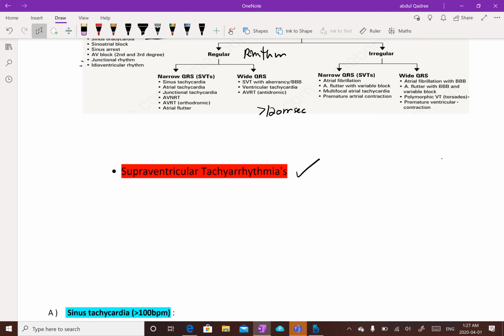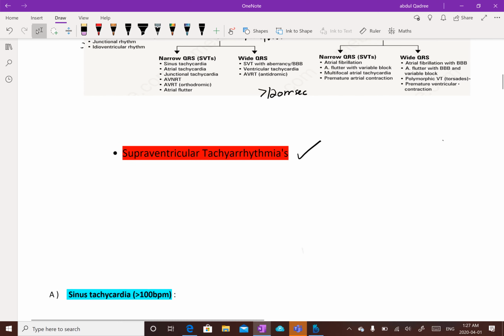These are the nodal reentry tachycardias. They refer to that as supraventricular tachycardias. But in general, anything that arises above the ventricles, or sorry, above the sinoatrial node, above the AV node, or the ventricles, we refer to as supraventricular tachycardia.